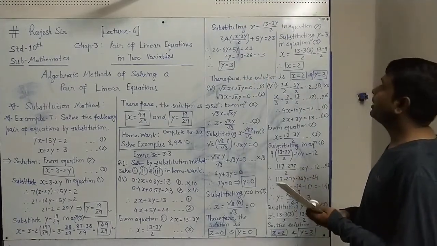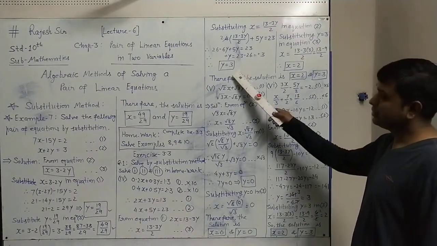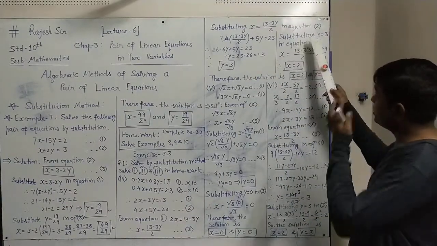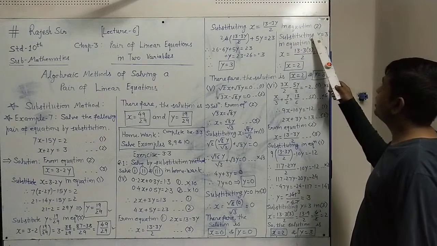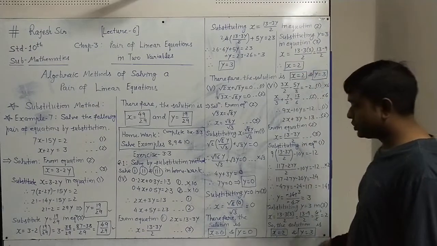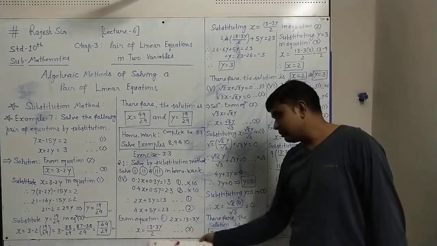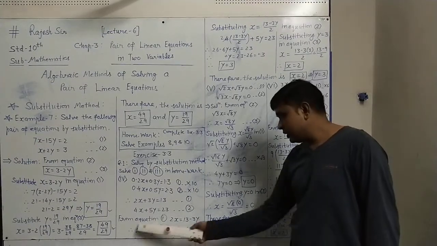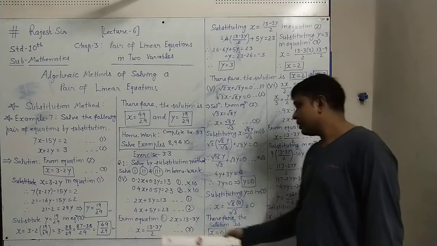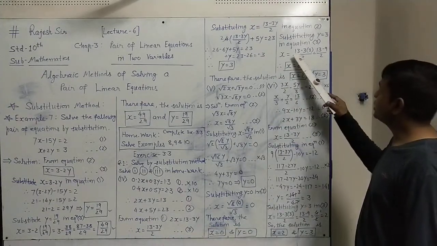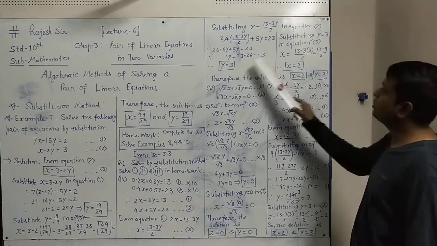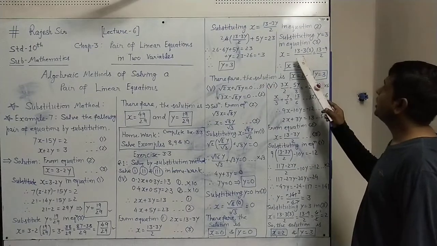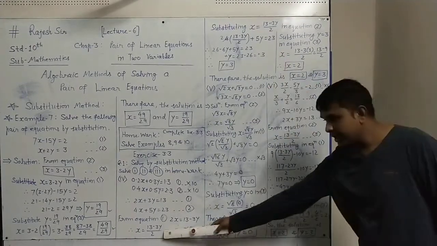Now this value of y we have to place in equation number 3. Substituting y equals to 3 in equation number 3. Equation number 3 means whatever substitution we have made, that number we have given as equation number 3. So in this, the value of y we place. It is x equals (13 minus 3y) upon 2, y is 3 that we obtained, we place it.